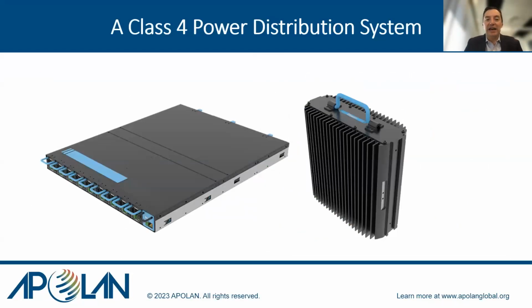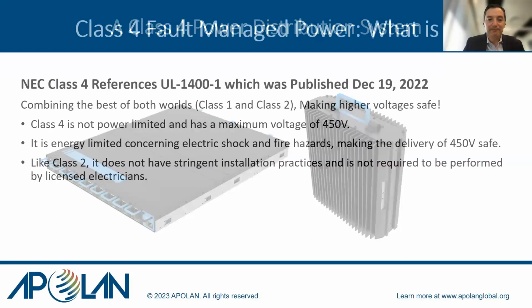Let's talk about Class 4 power distribution, which is the new way to power devices on a network. Examples of what we can do with this Class 4 power distribution system are an optical LAN network, or a distributed antenna system, the DAS. This is an example of what it is. Next slide, please.